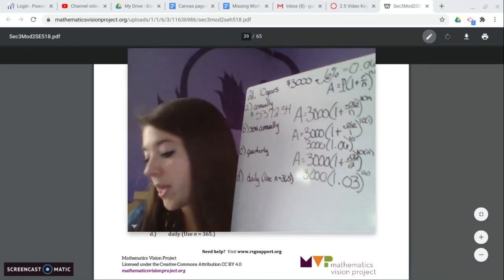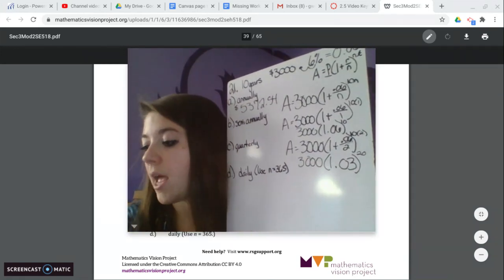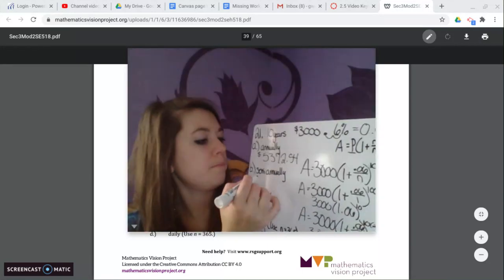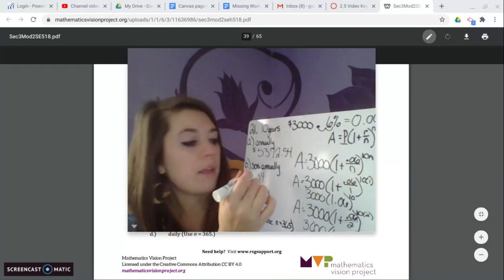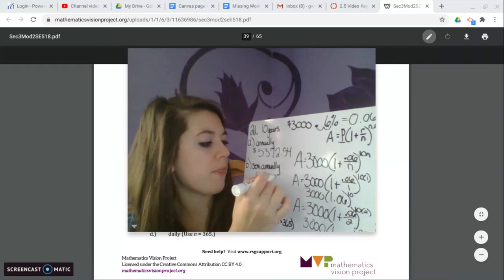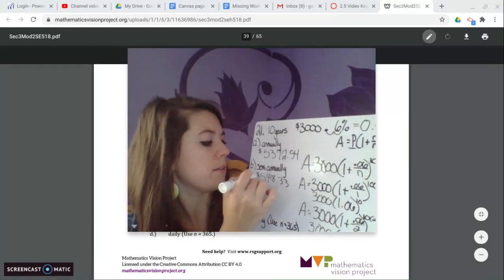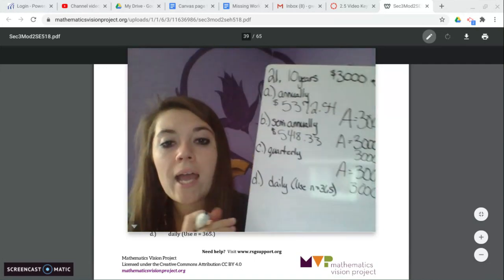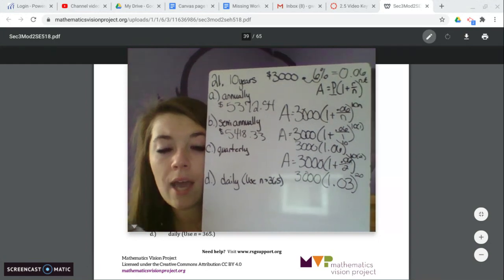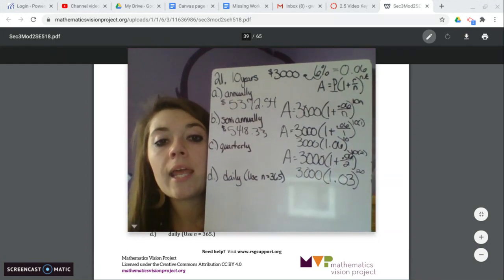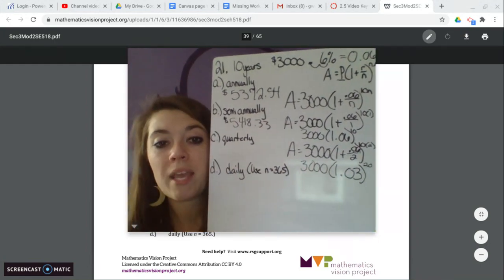Then we multiply by 3,000, and we're going to end up with $5,418.33. So by doing our interest semi-annually, it ended up making us more money because it's happening more times.